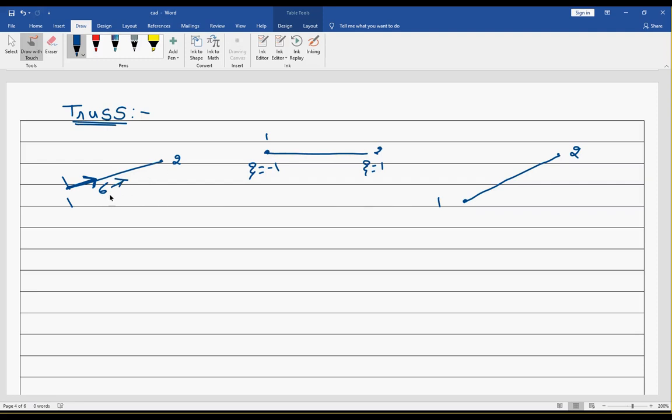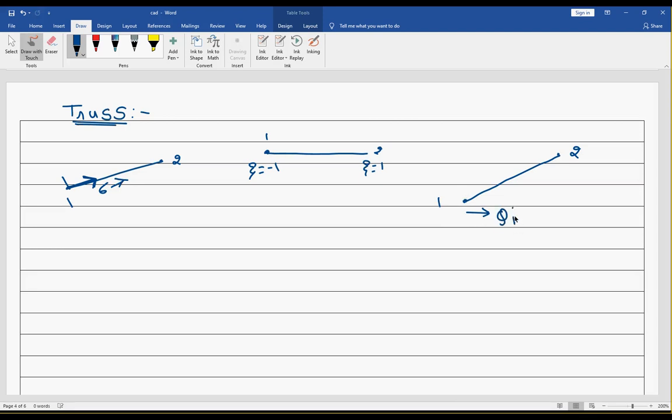Therefore the stresses are one dimensional, that is, only the axial stresses will be developed, but it will have two degrees of freedom per node.